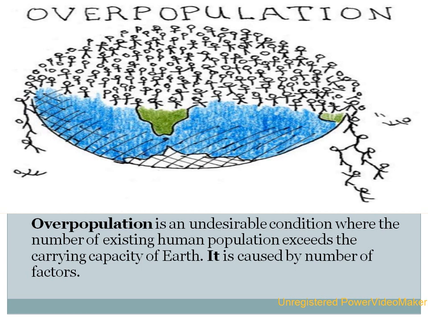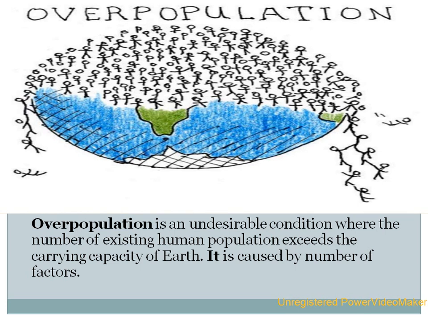Overpopulation. From the diagram, you can easily see how these people are on the earth and they are falling apart. This word has been used many times at many places, and you must have known this word several times.